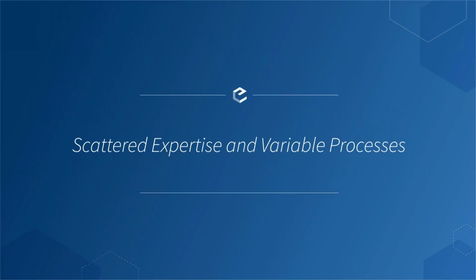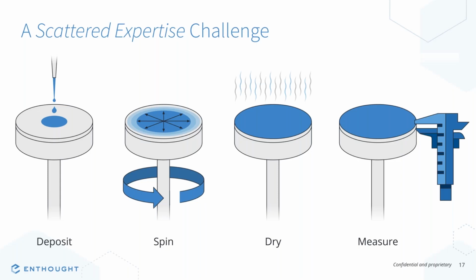So this brings us to our second strategy or type of opportunities, which I'm calling scattered expertise in variable processes. In this case, I'll start with a story. Another engineer that was working with us, and part of his workflow was coating silicon wafers.